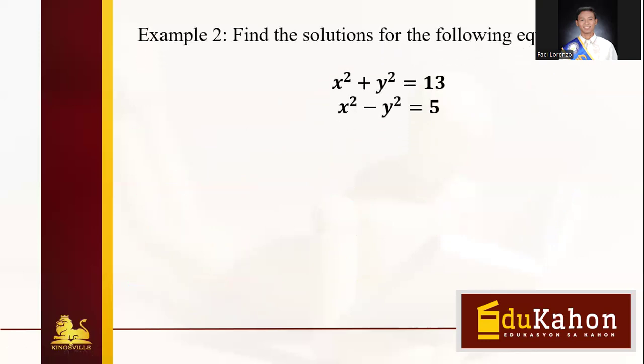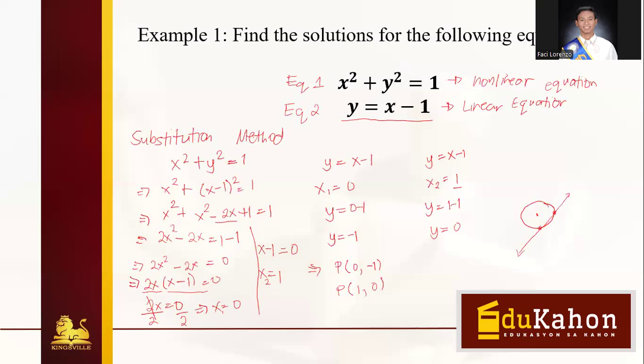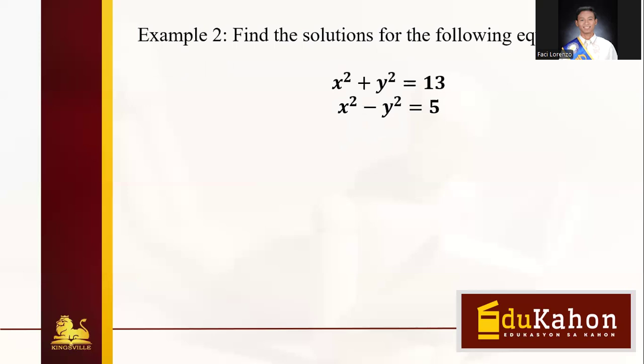Okay? So let's have example number 2. Find the solutions for the following equations. Since we had already used the substitution method for example number 1, now we will be using the elimination method. But how do we use this one?